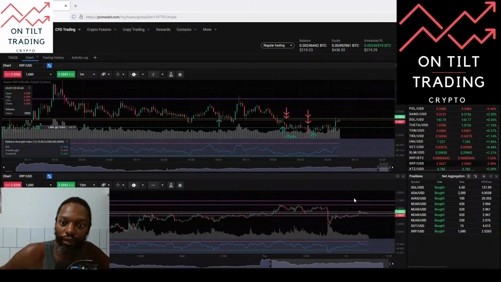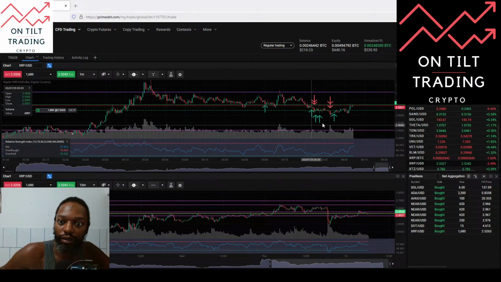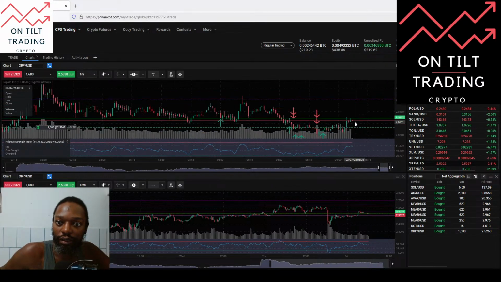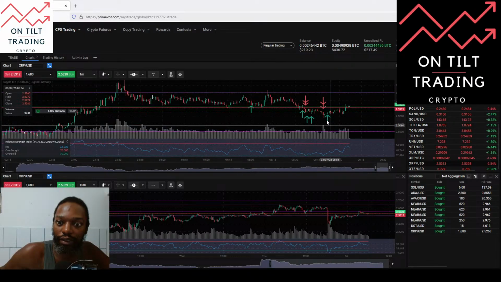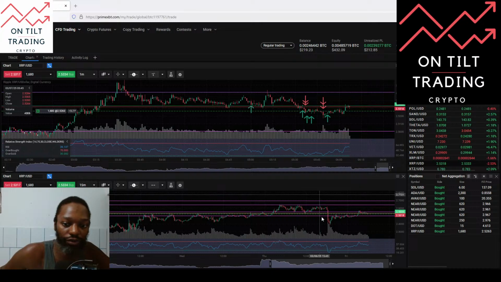So XRP, we're down here. Seems like, yes, buyers did come in and support the price here, and we're buying towards S3 up here. So we'll see if we get some continuation.